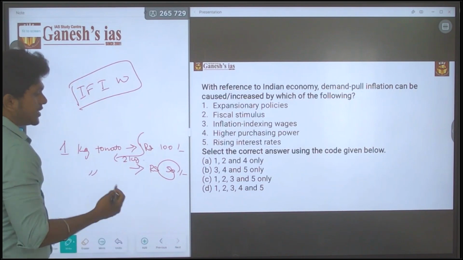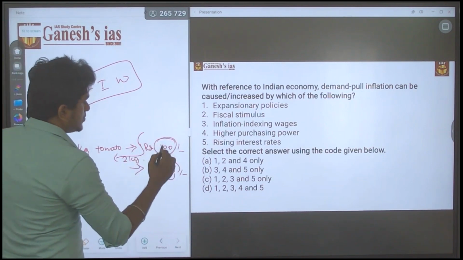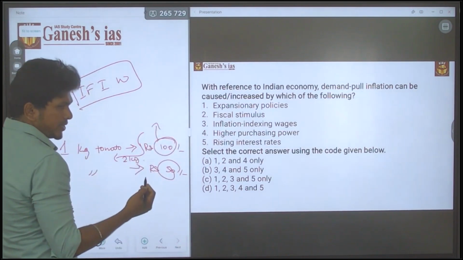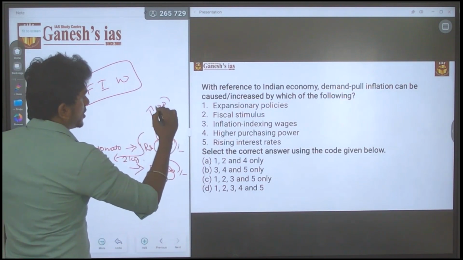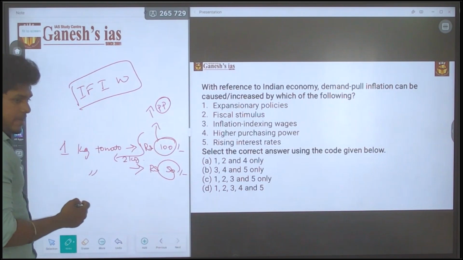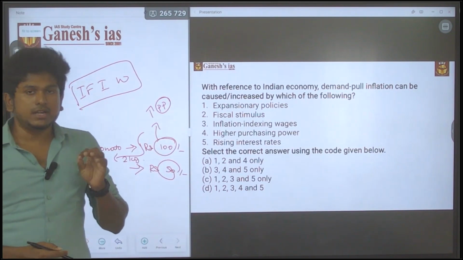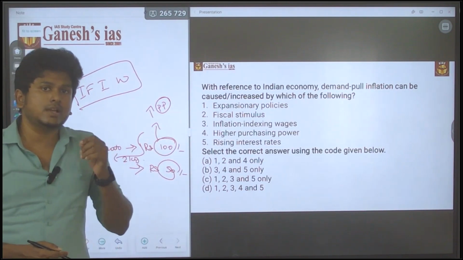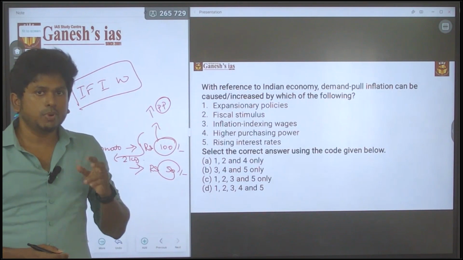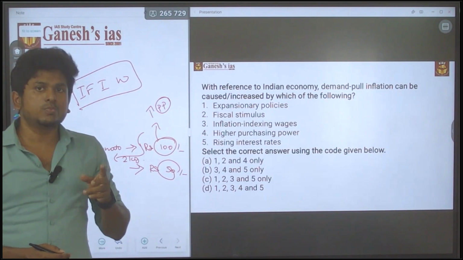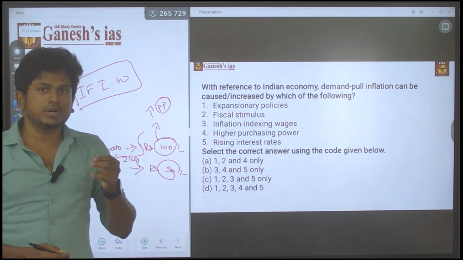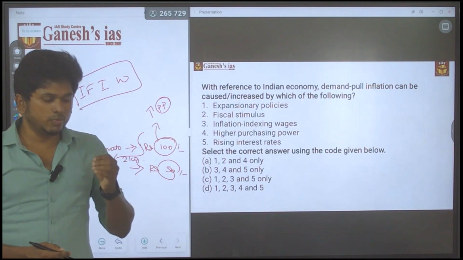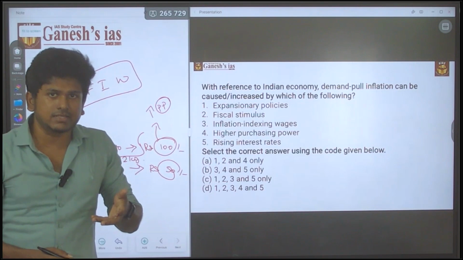So the purchasing power of your rupee is increasing. Earlier with 100 rupees you could buy only 1 kg of tomato, but now you can buy 2 kg, which means your money's purchasing power is increasing.